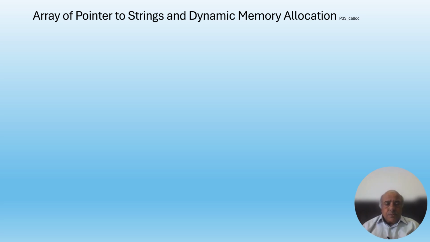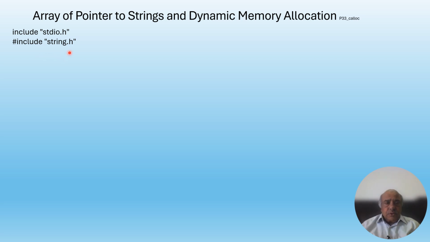Let us go for a program. In this program, we are declaring an array of pointers to strings, and we will be allocating memory to the strings which are going to be used, and whose addresses will be stored in the array of pointers to strings. These are the usual files.